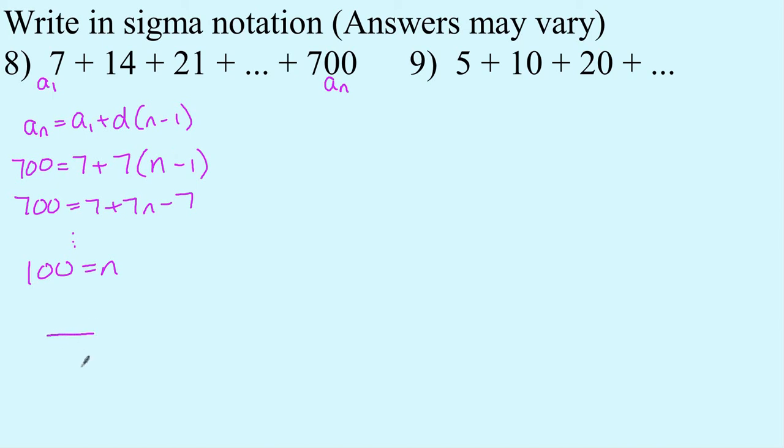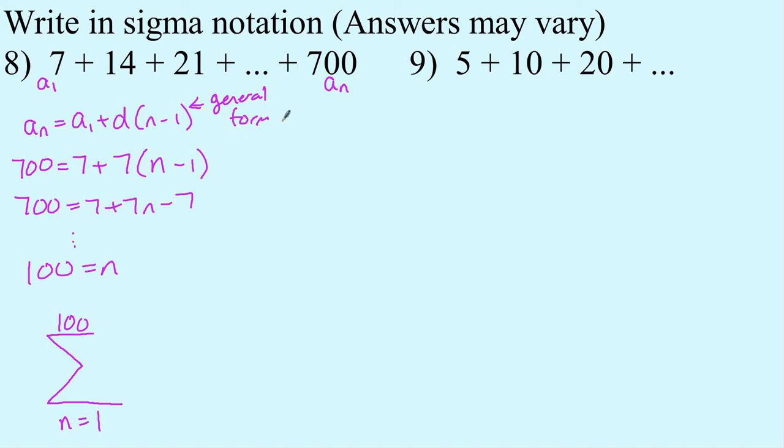So if I want to write it in sigma notation, we start when n is 1, a sub 1, and go to the 100th term. Now, we need the general term. So the general formula is this.